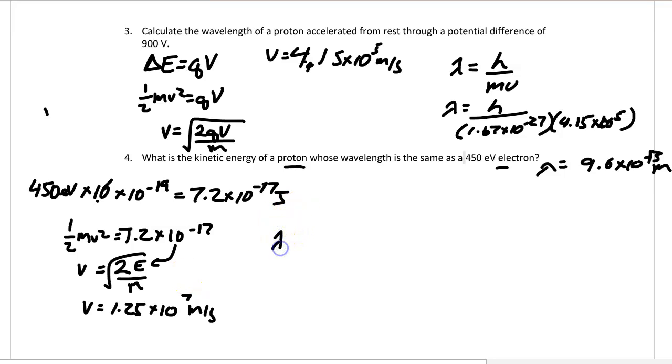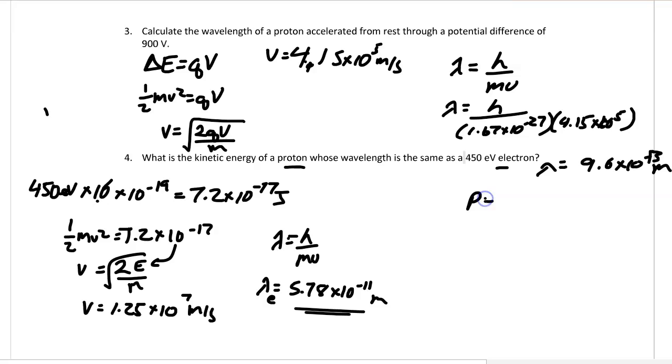So the wavelength of the electron being h over mv, again, Planck's constant, mass of the electron, both constants, you should find that wavelength to be 5.78 times 10 to the negative 11 meters. So that is the wavelength of the electron and of the proton.